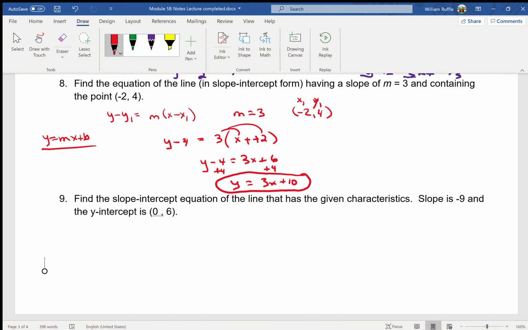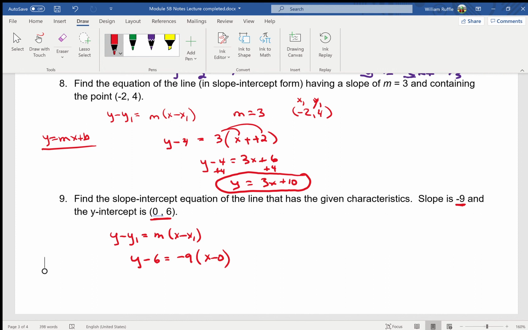This next question, I'm being given a slope and a point, so I can use the y minus y1 equals m times x minus x1 formula again. Now there's a shortcut to this one, but I'll tell you after I do this formula here. My y1 is 6, my slope is negative 9, then it's x minus 0.